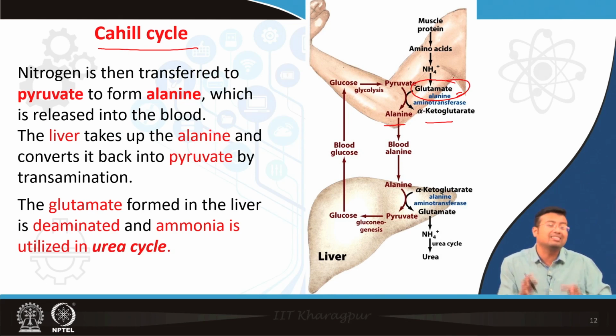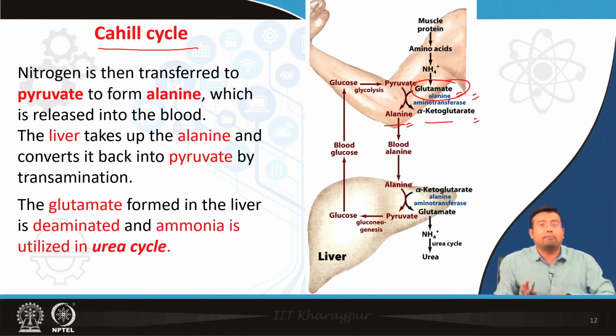So glutamate gets rid of its nitrogen by passing its amino group to a keto acid, pyruvate, and itself becomes alpha ketoglutarate, while pyruvate becomes alanine. This alanine carries the nitrogen group and goes to the liver.